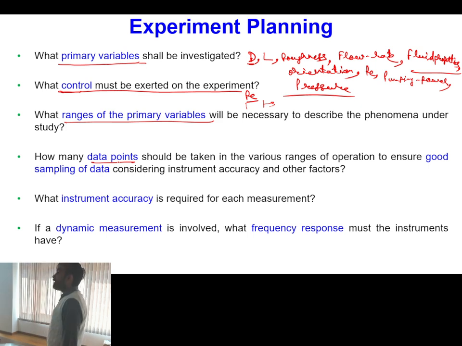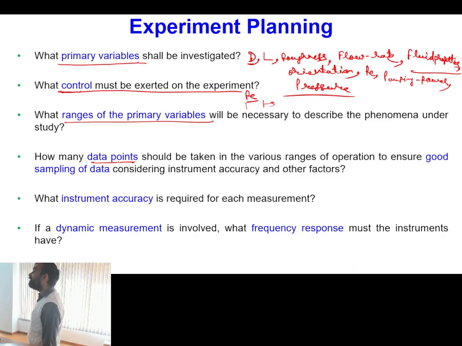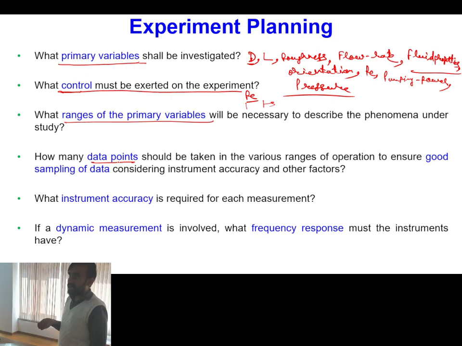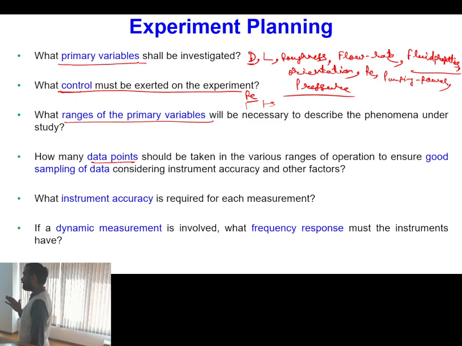But for experiments which involve significant cost, time and resources, you have to judiciously decide how many data points are sufficient so that our experimental reading is correct, and at the same time our resources are not wasted.